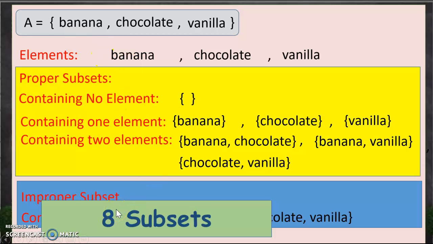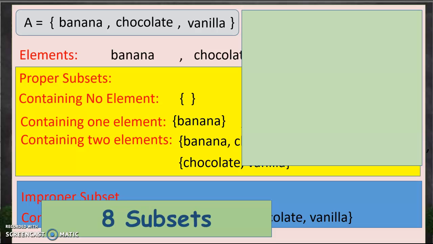So what if the given set has 10 elements? Will you write all the subsets to identify the number of subsets? You don't need to write down all. You just have to use the formula. The number of subsets is 2 raised to n, wherein n is the number of elements.